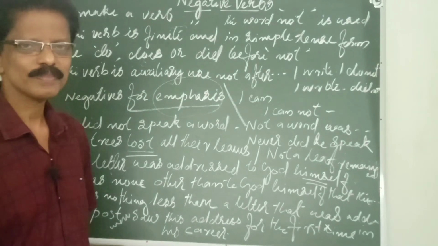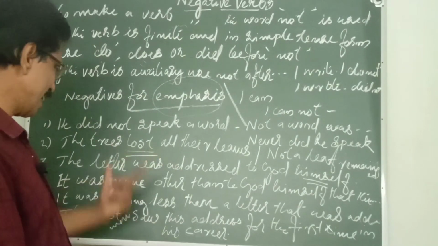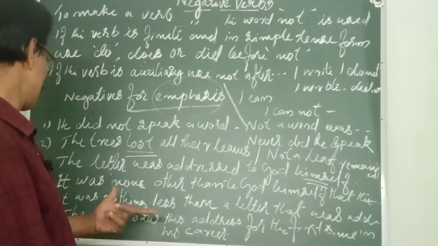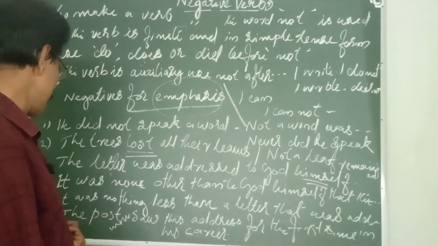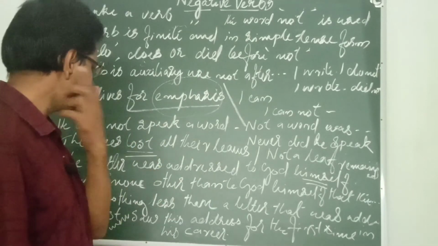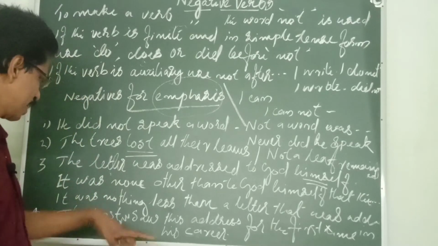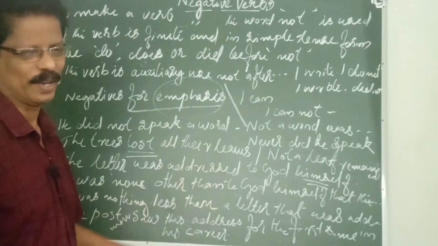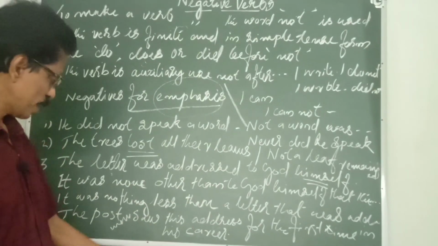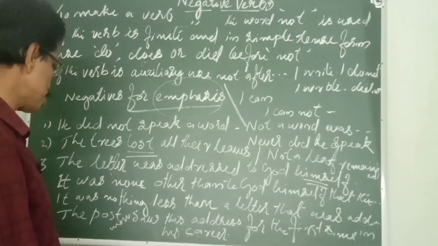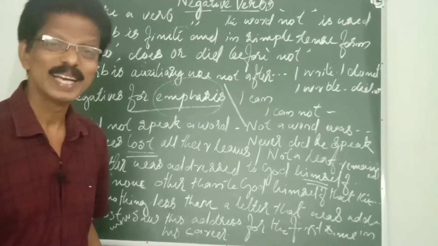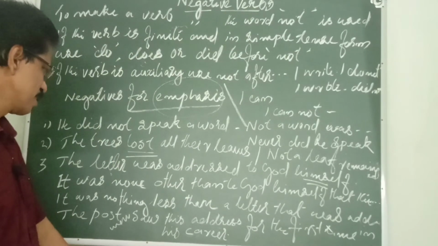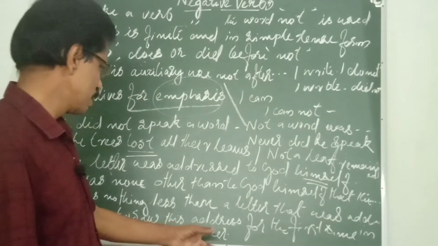So never in his career did the postman see this address in his life. Never in his career did the postman see, or had the postman seen, an address to God.